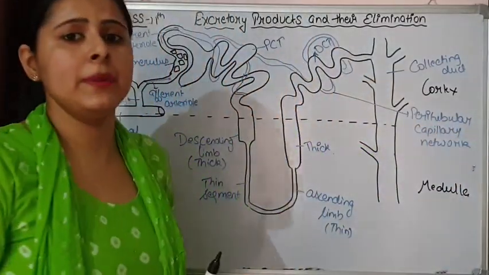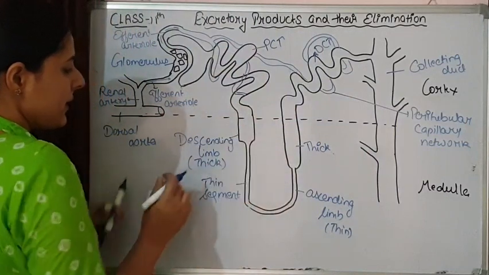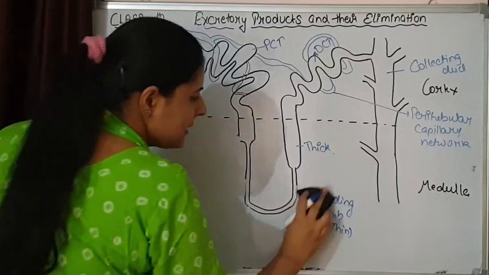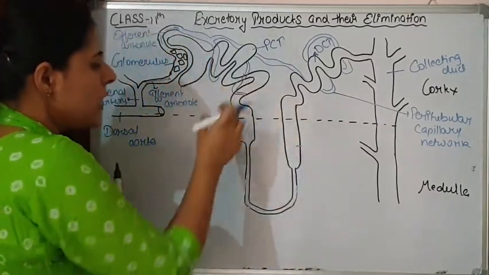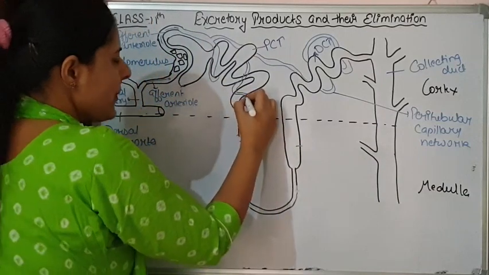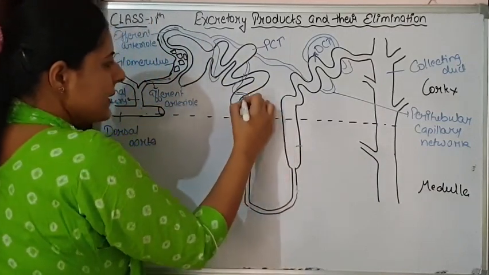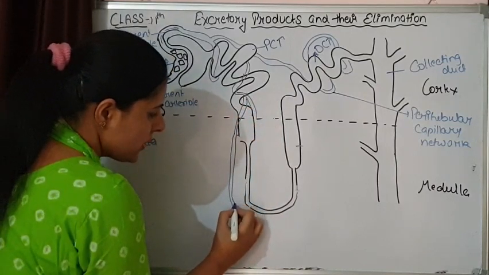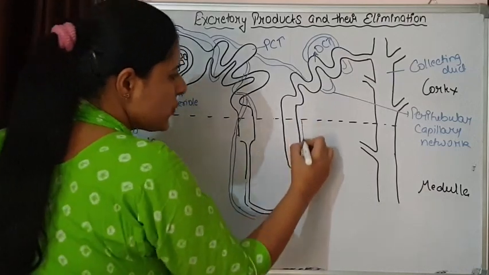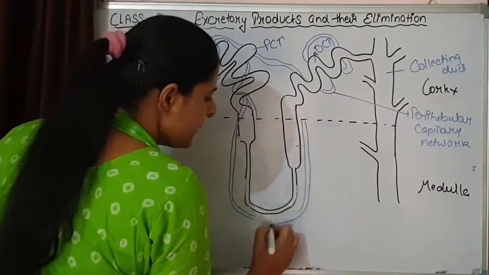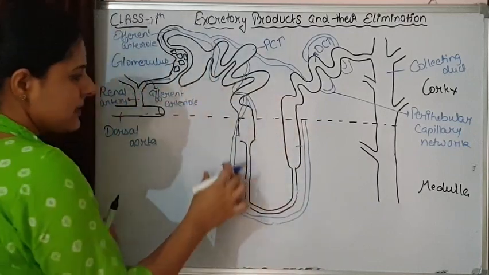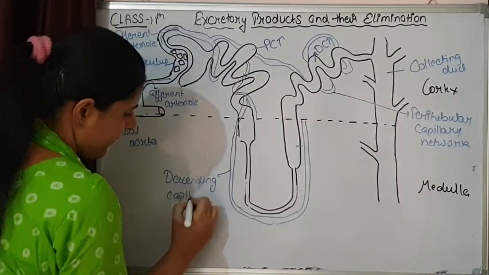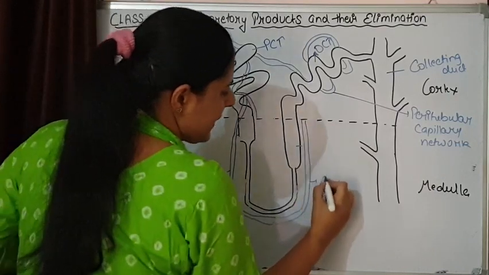From this peritubular capillary network, it is giving rise to the vasa recta, and this vasa recta is going to surround the loop of Henle. So from here branching is done, and it gives rise to the vasa recta that is going to surround the loop of Henle, and this vasa recta forms a descending capillary and an ascending capillary.